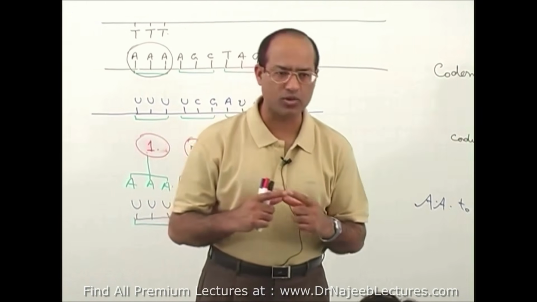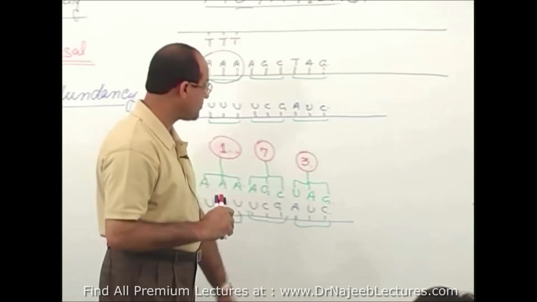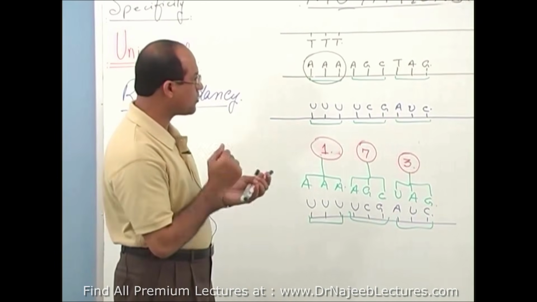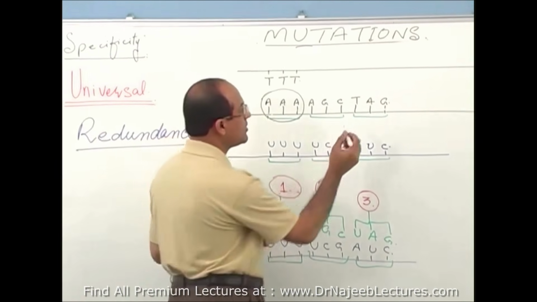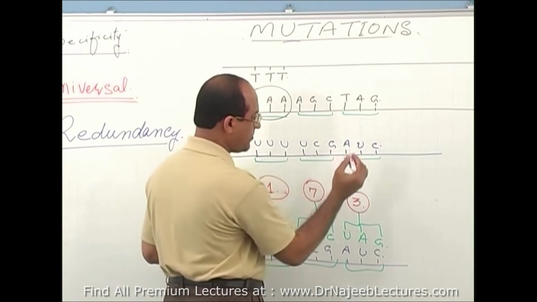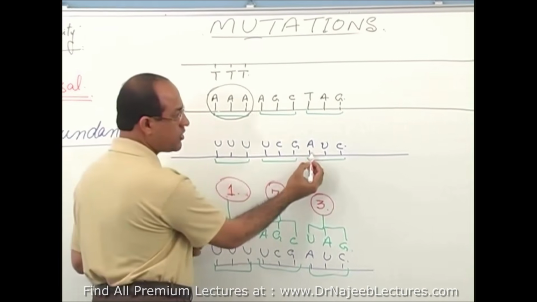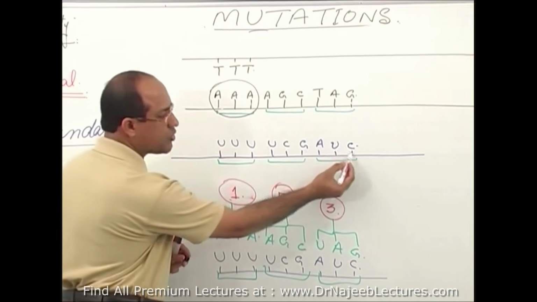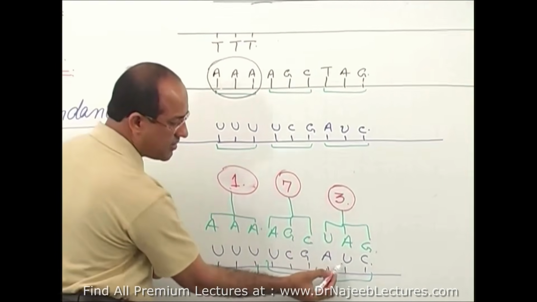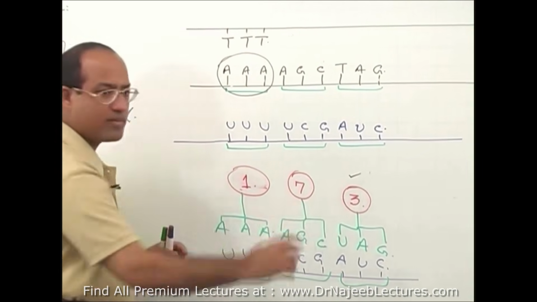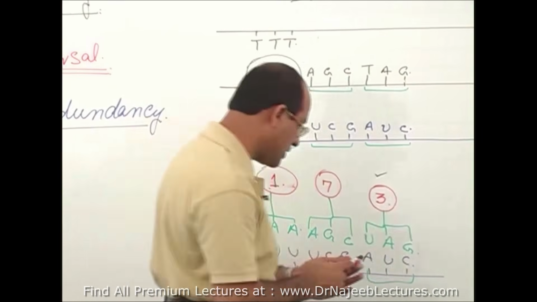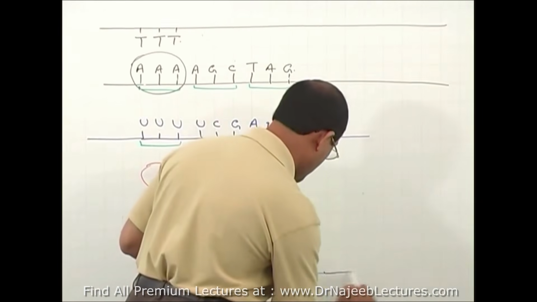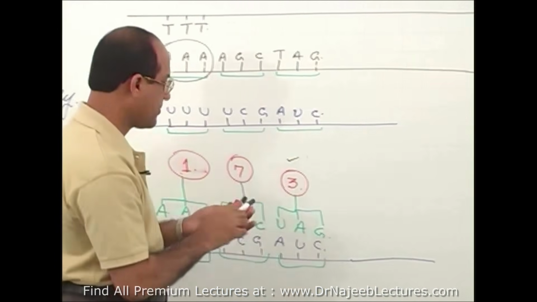There are multiple reasons for that. One interesting reason is that, let's suppose, TAG results into RNA with AUC, and what should be the amino acid? Now another way to code the same amino acid is another codon.